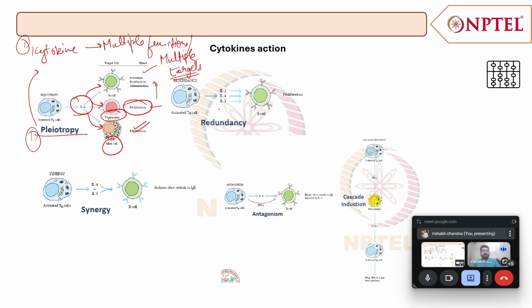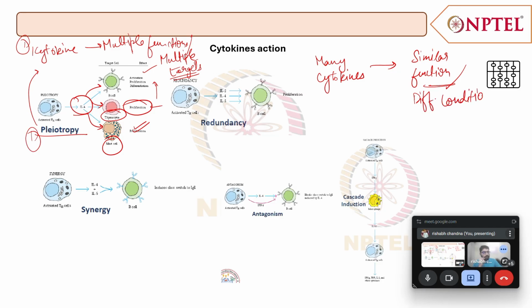Then we have redundancy. Redundancy means many cytokines will have similar function, and this similar function is basically done in different conditions. For example, here we have IL-2, 4, and 5 acting on the B cell and helping in its proliferation.